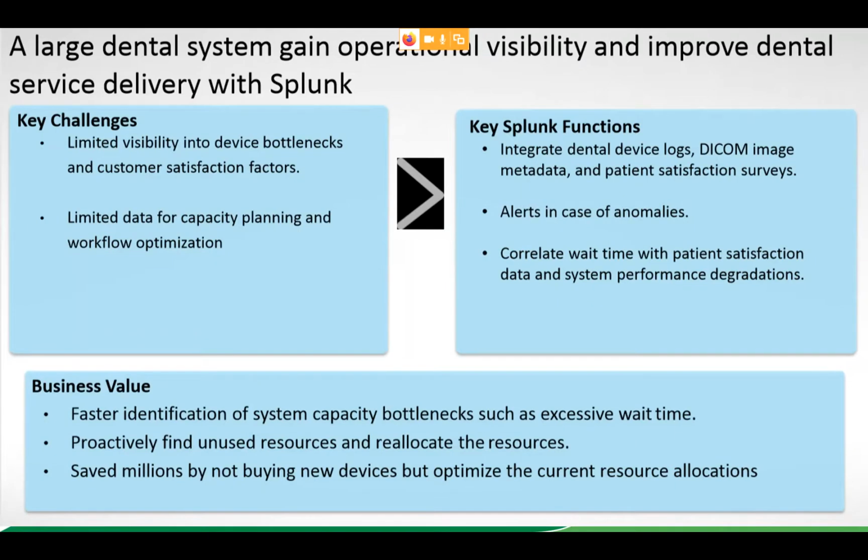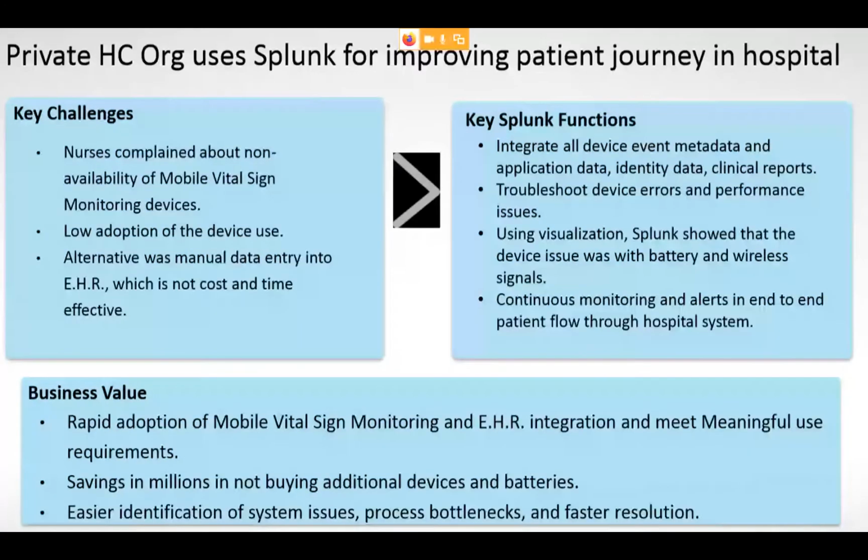So you get faster identification of system capacity bottlenecks such as excessive wait time. You can proactively find unused resources and relocate them. You can save millions by optimizing your operations, just by doing the key monitoring to address the challenges, right?